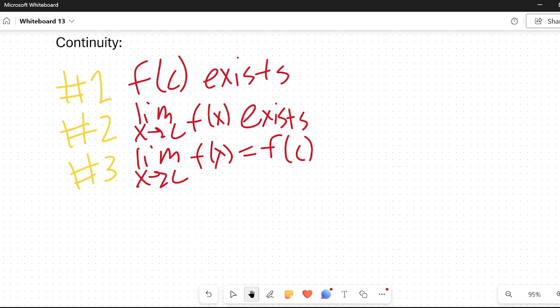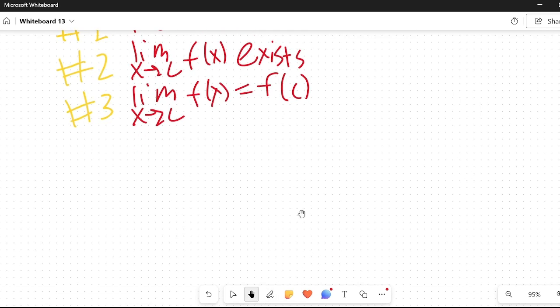Next, let's look at one-sided limits. One-sided limits are pretty simple. We are just going to examine values from one side of the limit. So if x approaches 2 from the left, we put a minus above the 2.